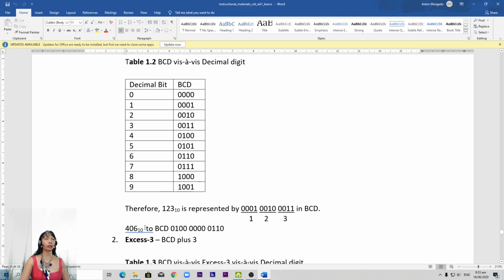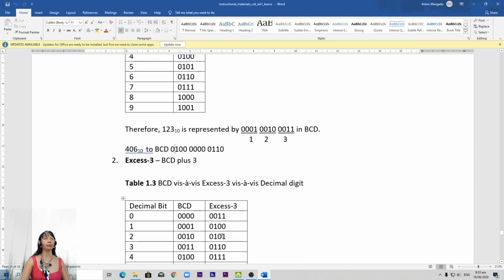How are we going to represent that in BCD? In BCD, 4 is 0100, 0 is 0000, and 6 is 0110. Just take note that each digit in base 10 should be represented by 4 bits in binary in BCD. So always 4 bits.